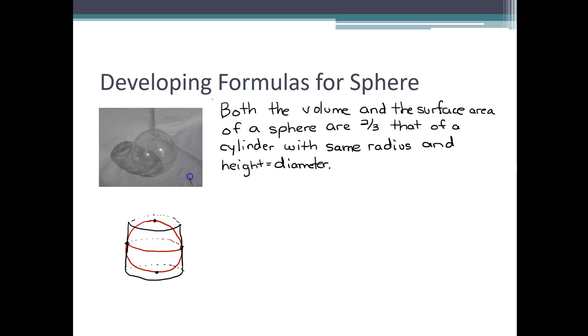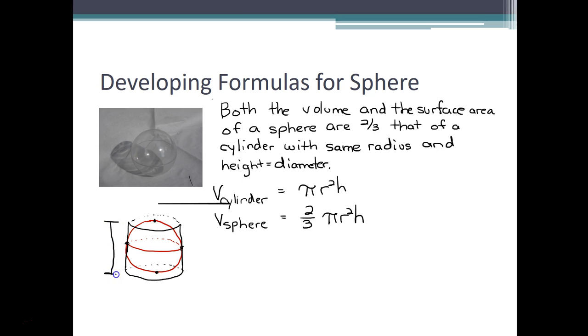Okay, so if we're talking about volume of the cylinder, we have pi r squared h. Well, the volume of the sphere should be 2/3 of that, pi r squared h. Thing is, though, the sphere we don't really talk about in terms of h. The h here is the same thing as twice the radius, because you've got radius up, radius down makes your height.